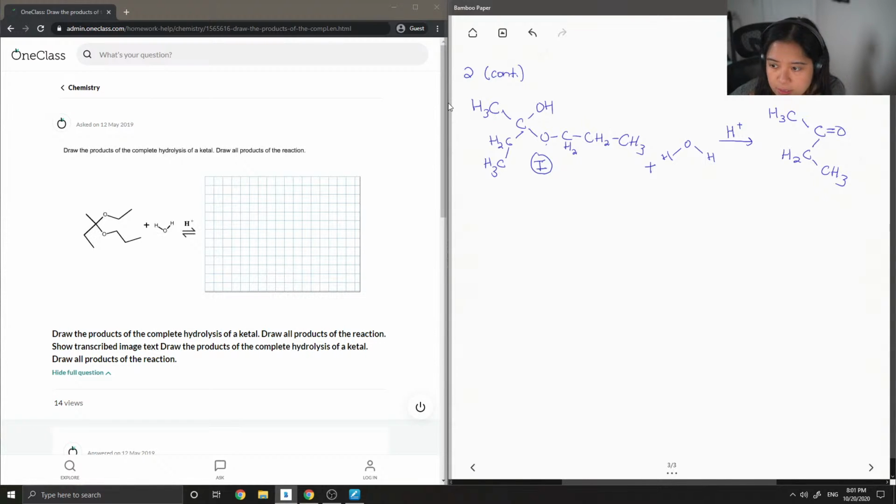So you can see that that alcohol is now a ketone.